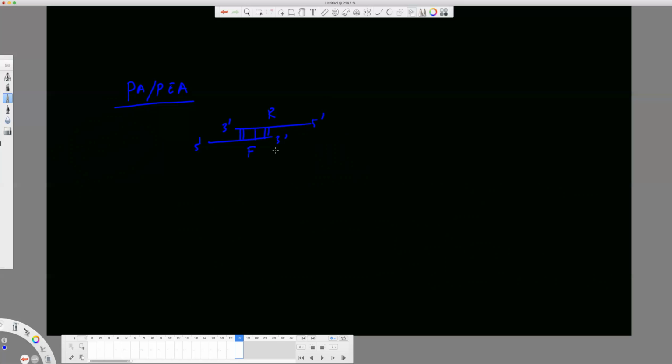So you have to score these also, and those scores will be known as PA and PEA. And again, you look for the max of these scores. In a very similar manner, you can score the MA and MEA.